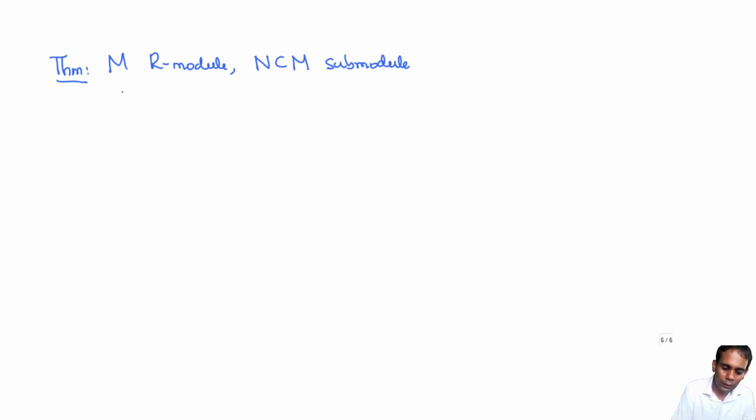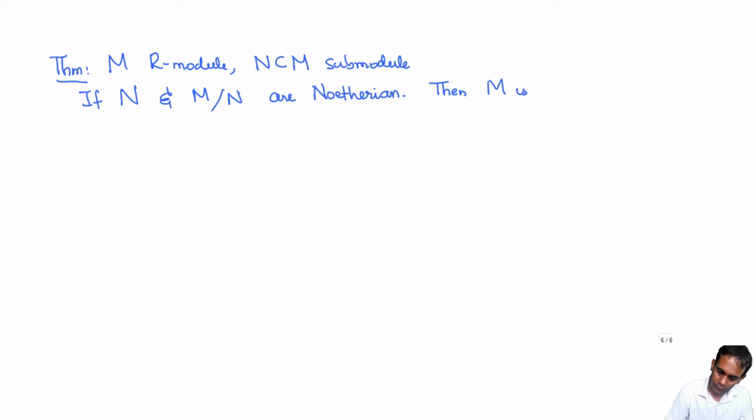And suppose we know that N and M mod N are Noetherian. Then I claim that M is Noetherian.